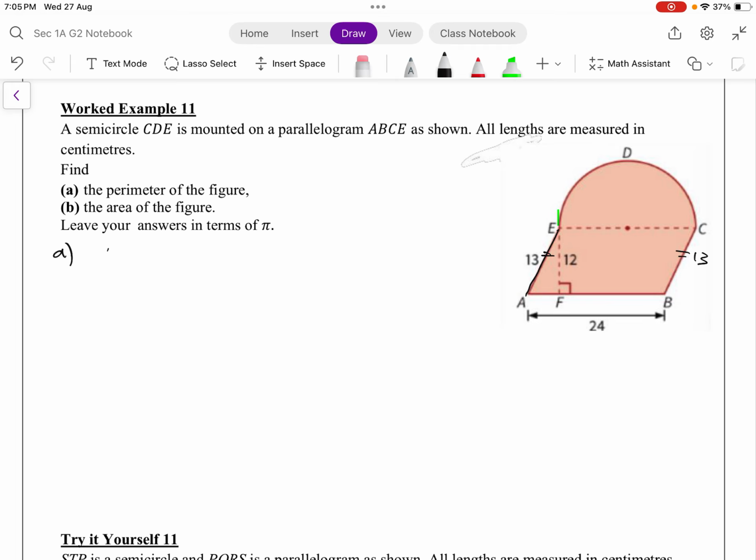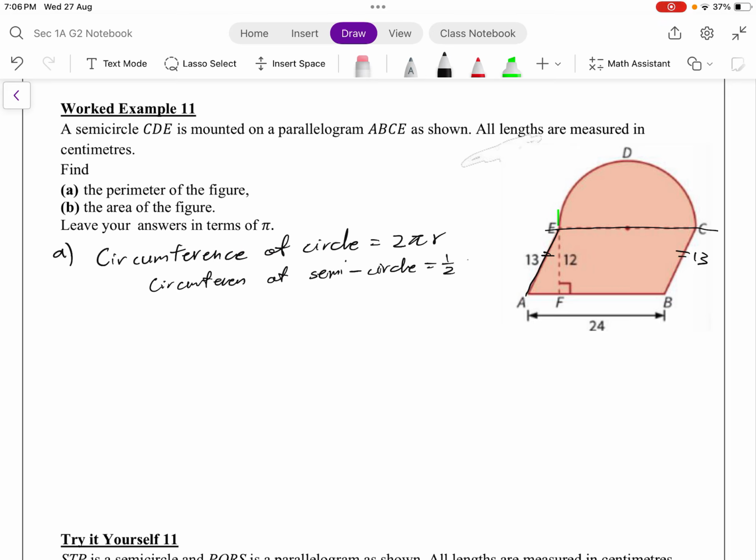The formula of circumference of circle is 2 pi r. But this is only half a circle, so circumference of semicircle is half of 2 pi r, which will give me pi r.